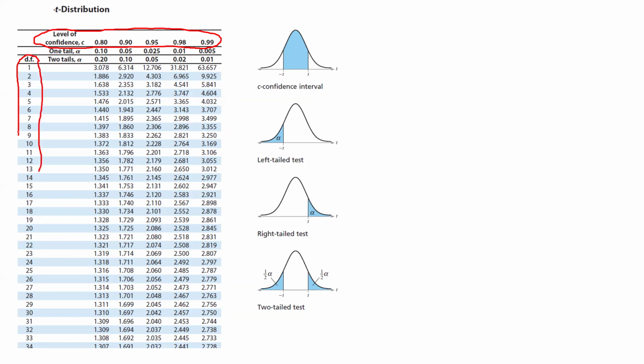To find the critical value, you need to find the intersection between this column and the given level of confidence. So if the level of confidence is 95% and the degrees of freedom is 11, then you need to find the intersection between 11 and 95%, which is going to be this number here. So that's how we find the critical value for the t distribution using a table.